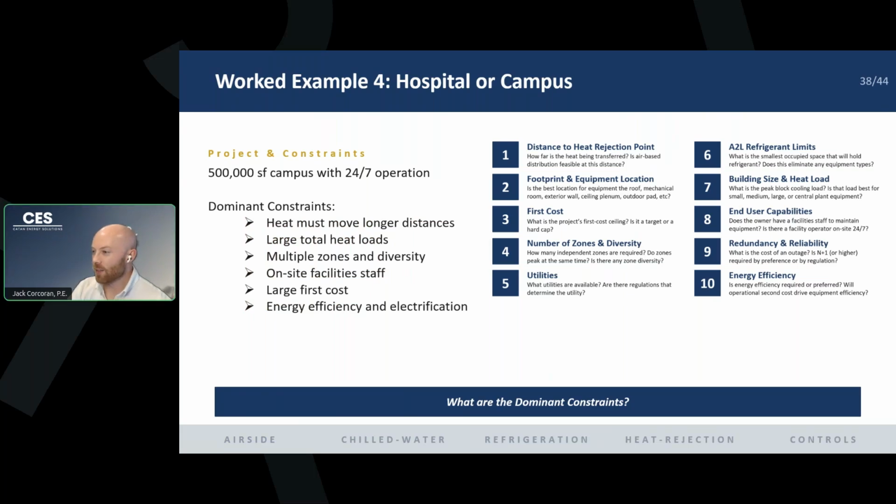You have an on-site facility staff here. This campus is operating 24/7. There are engineers there to help if anything goes down and maintain the system to make sure that redundancy and operation are maintained throughout your day, 24/7. And energy efficiency, right? If you're running 24/7, you're going to be just throwing money out the window if this thing is burning energy, burning natural gas and electricity.